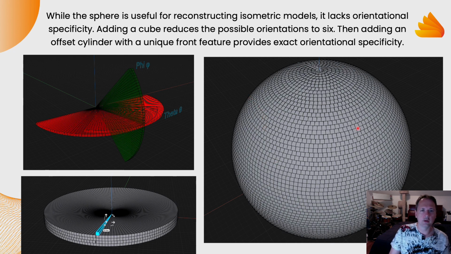If you also add a cube overlaying the sphere, then if you see the cube, you would only be confused with 5 other orientations of the cube that would give you that same view from any vantage point. So a lot less confusability, but it still is not perfect orientational specificity.